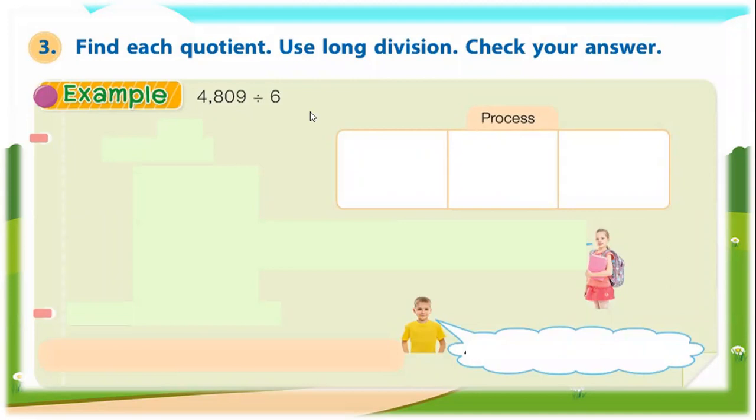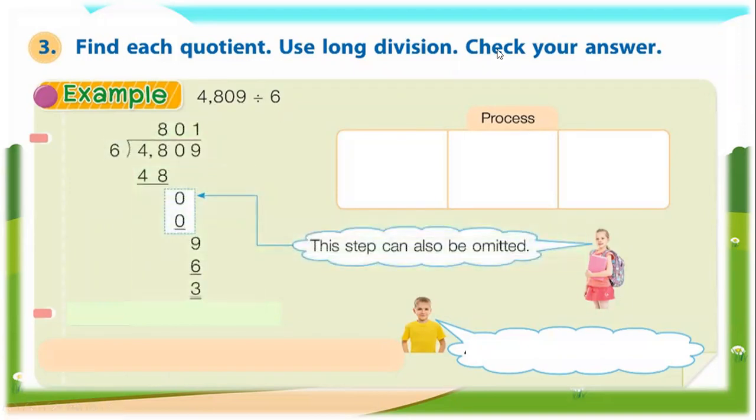Okay, now here we had the previous one that was the short form. Now here we have the long form. All right, so the dividend given to us is 4,809. The divisor is 6. Okay, so now we will do the same thing. Here we start from the greater number, which is 4, but 4, the dividend, is lesser than the divisor. So we're going to take two digits together, 48.